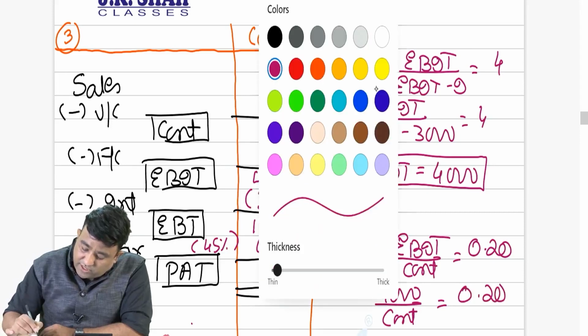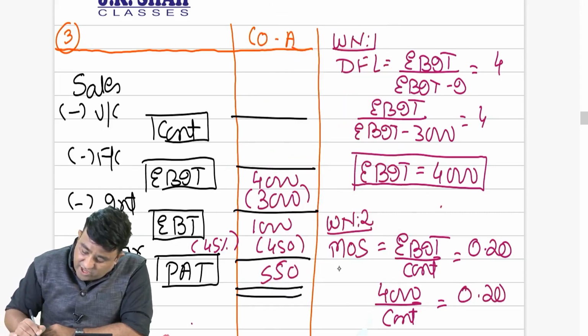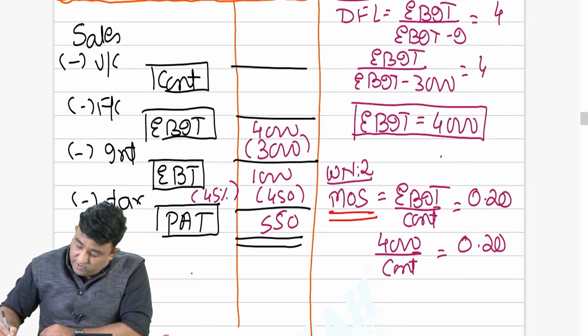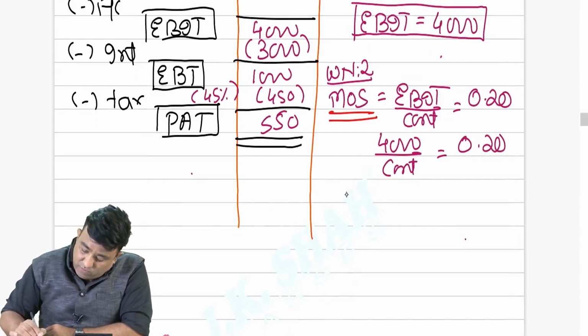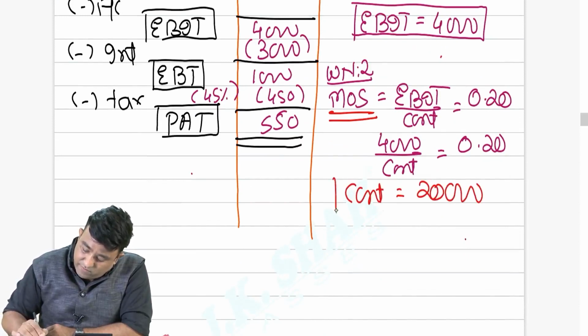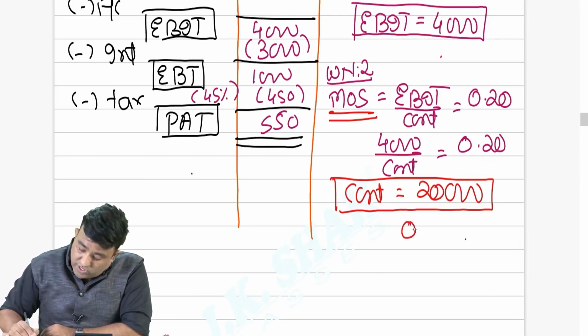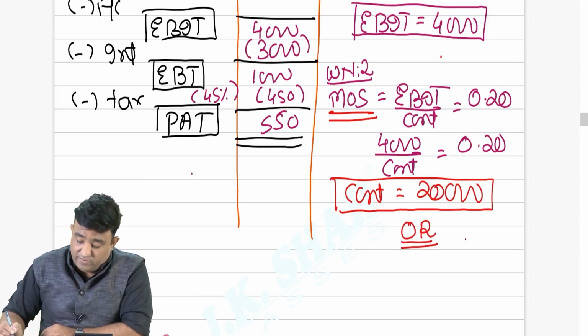Student, this is a very important concept of margin of safety. Students, I can easily calculate now. My contribution will be 20,000. Am I right? Yes, no? Students, there is even a different way of calculating it.